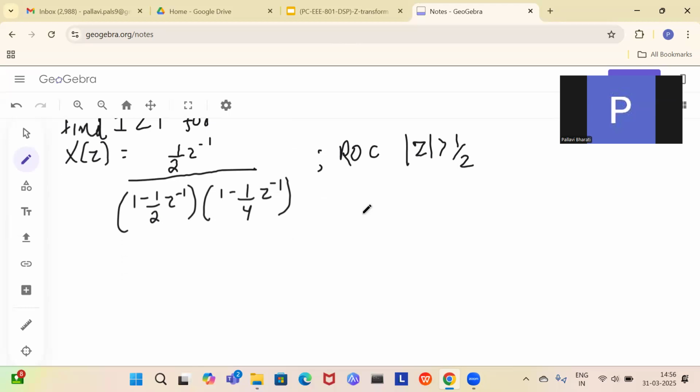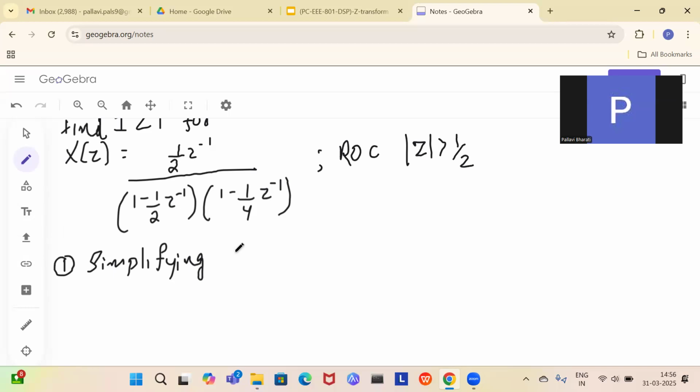So the first step, while you're using the partial fraction method, is simplifying X(z). Simplifying in the sense that you bring all the z to the power minus 1 into positive powers of z. If the simplified form is given, then you don't need to do this step.